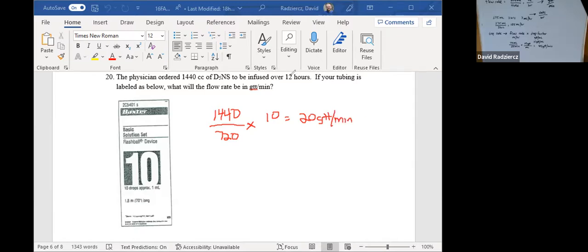So again, all I did was convert 12 hours to 720 minutes and then multiply, because I know that I'm looking for drops per minute. Alternatively, you could have taken your 1440 over 12 times 1 over 60 times 10, and you would come up with the same answer. But that's extra work.